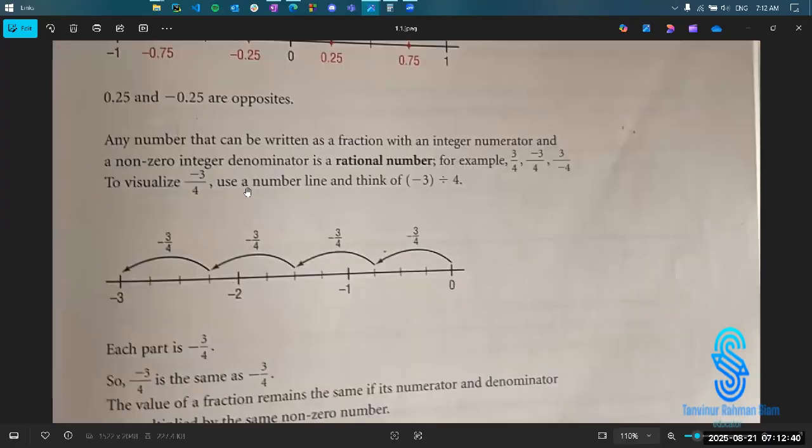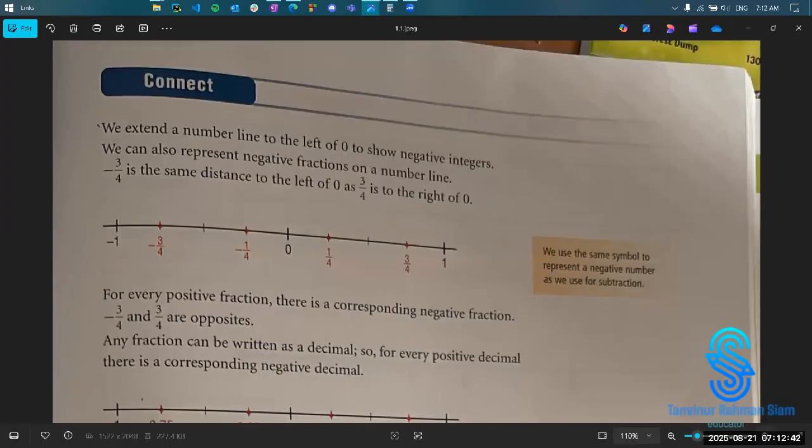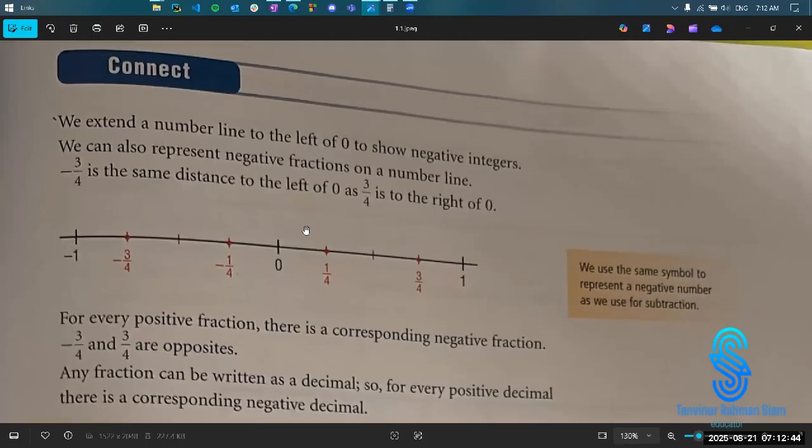Yes, 95. Okay. So what they are trying to say, as we have solved some previous examples or each of the examples they have provided, after that they are saying that we extend a number line to the left of 0 to show negative integers.